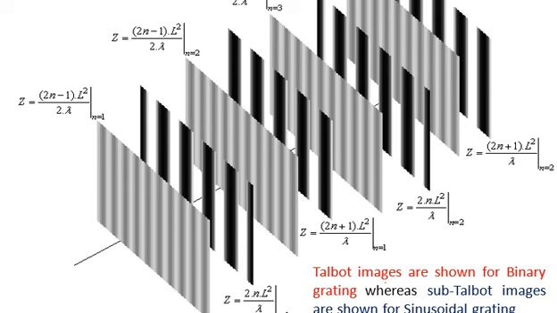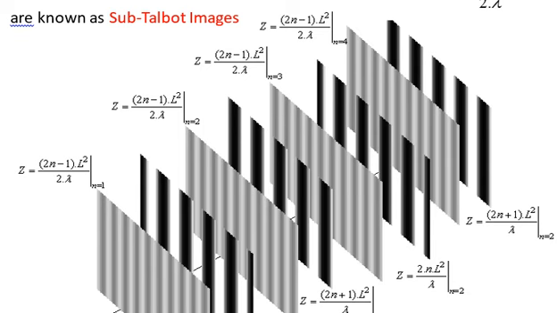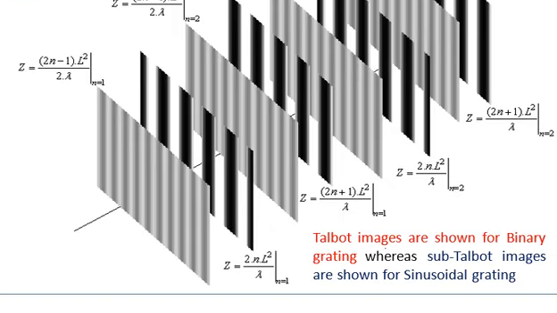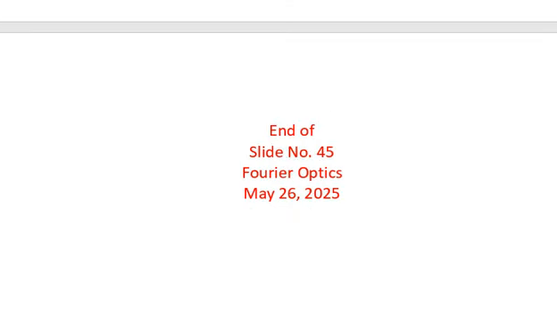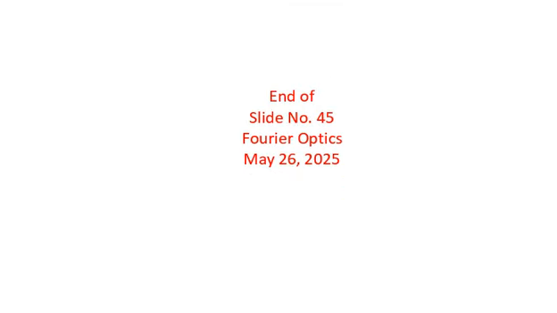The gray images represent the sub-Talbot images with a spatial frequency twice that of the original spatial frequencies. So the Talbot images are shown for binary grating, whereas the sub-Talbot images are shown for sinusoidal gratings. So actually this is the end of slide number 45.